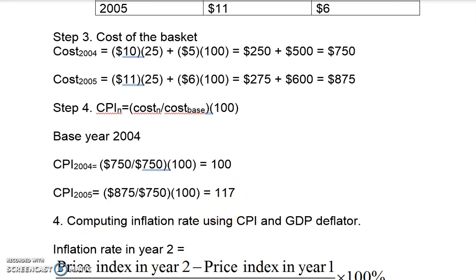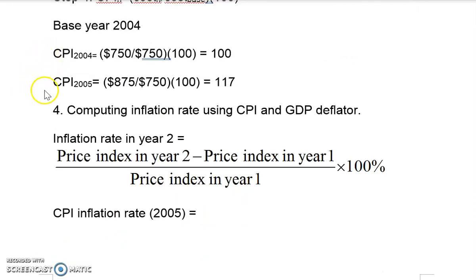Very good. Now that we have the consumer price index, we can compute the inflation rate. The inflation rate is, in fact, the percent change of the consumer price index. As long as it is a price index, for example the GDP deflator is also a price index, we can always find the percent change of the two deflators, and then we will find the inflation rate.